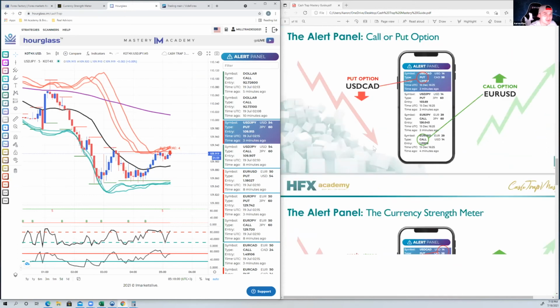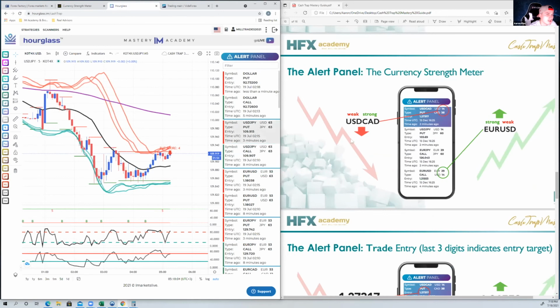Now, the alert panel is going to give you a currency strength meter to the right. And obviously, this alert panel will tell you the trend. It's not going to just show you the trend, but it's going to show you mentally, is it uptrending? Is it downtrending? This is how you want to look at this. USD CAD, for example, USD is 14, CAD is 38. USD is weak and CAD is stronger.